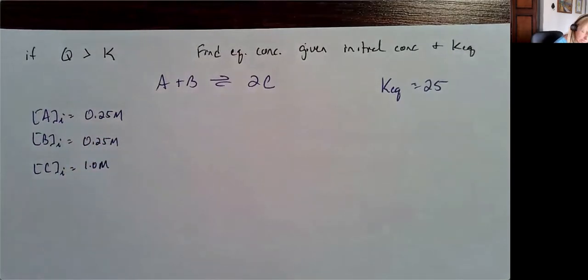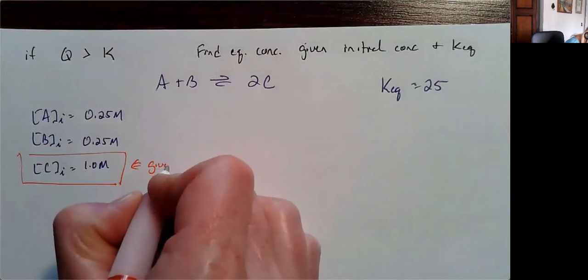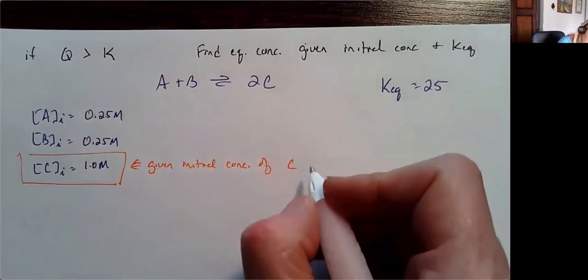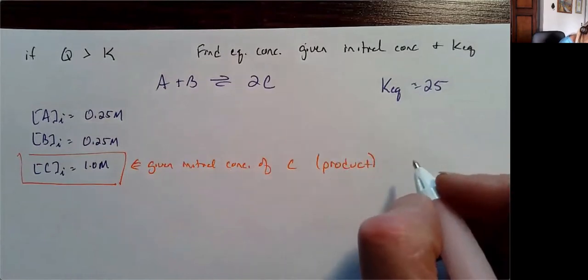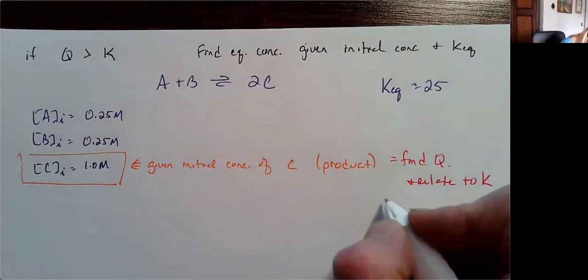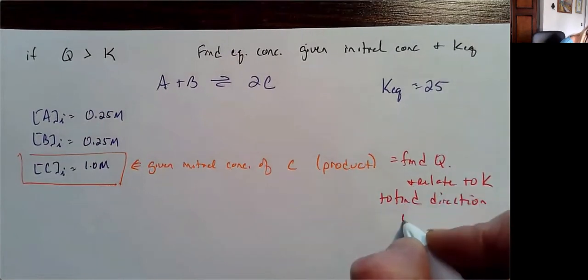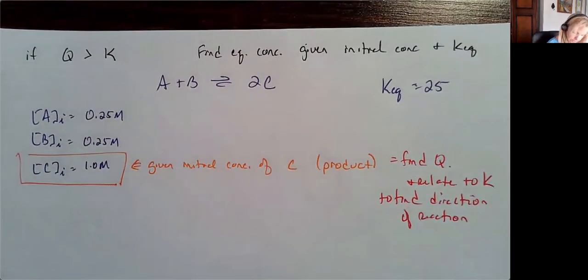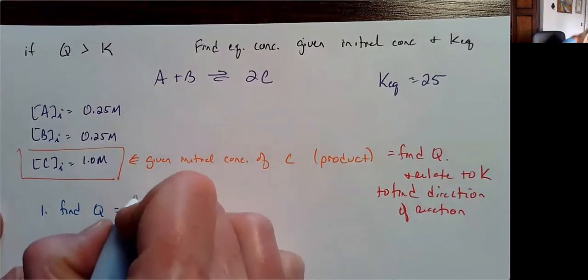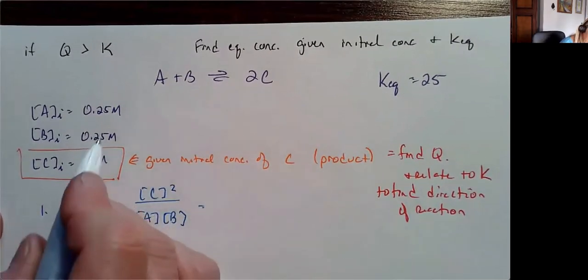Now, since I have given an initial concentration of C, which is my product, I need to find Q and relate it to K to find the direction of the reaction. To find Q, same way, I'm going to use all my initial concentrations. I'm going to write it like a mass action, plugging in my initial values.